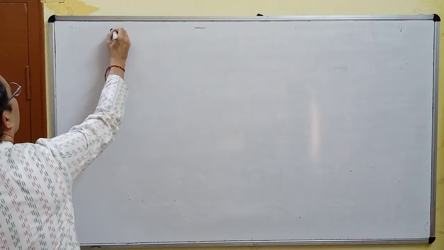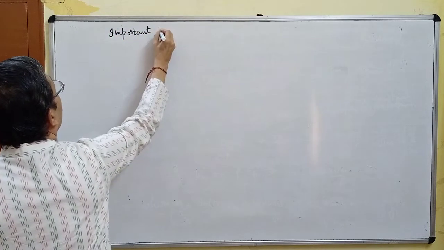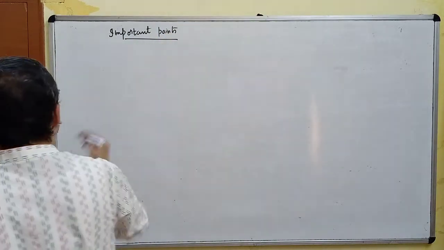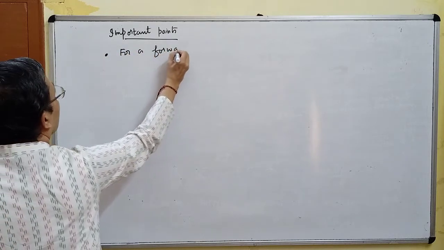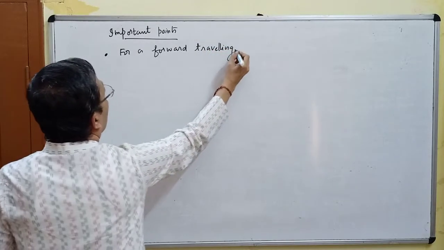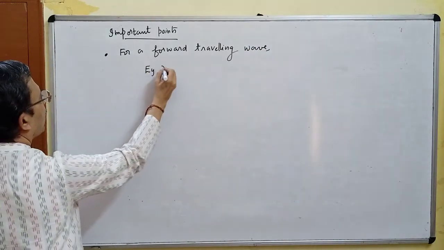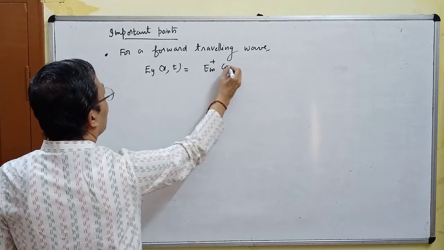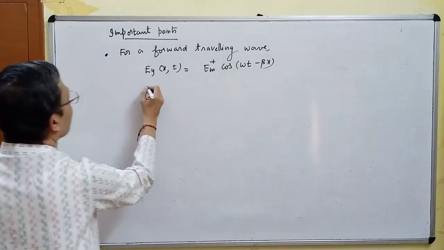Next, important points. First one, for a forward traveling wave, Ey, a function of x comma t, is equal to Em+ cos(ωt − βx).